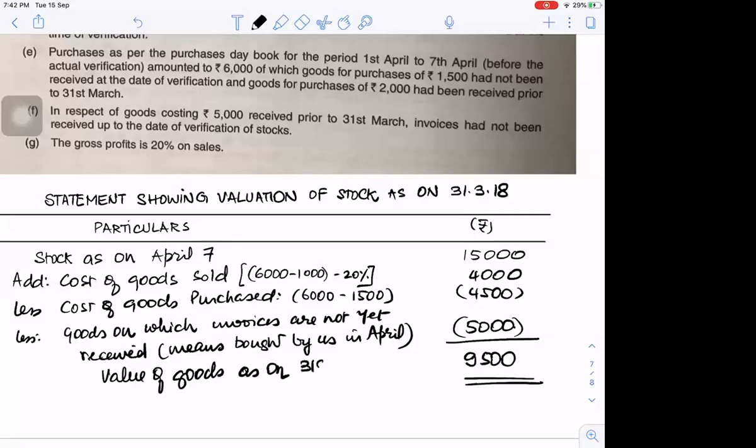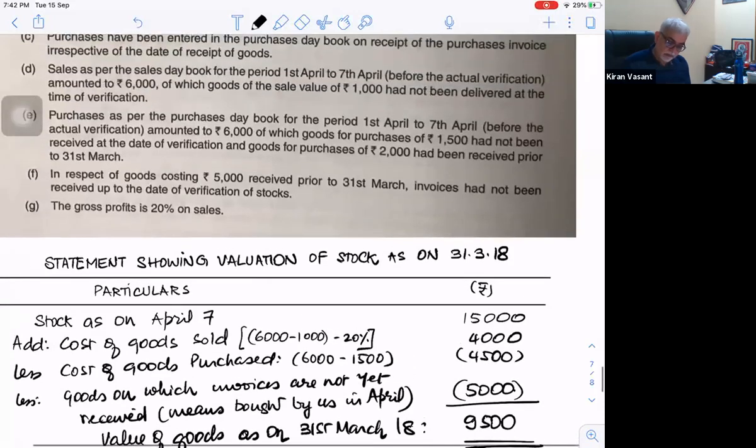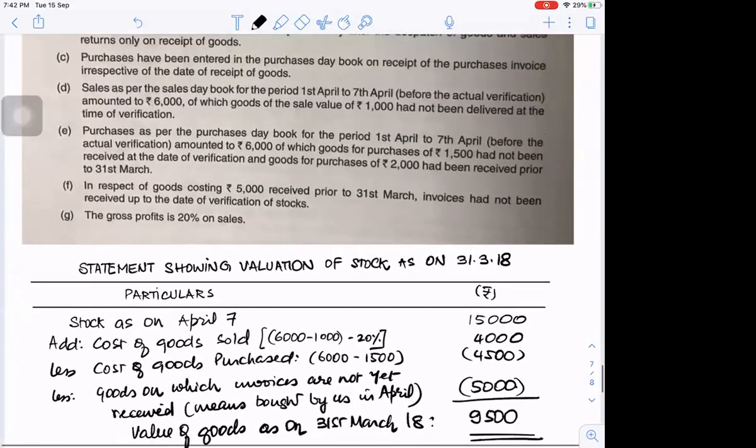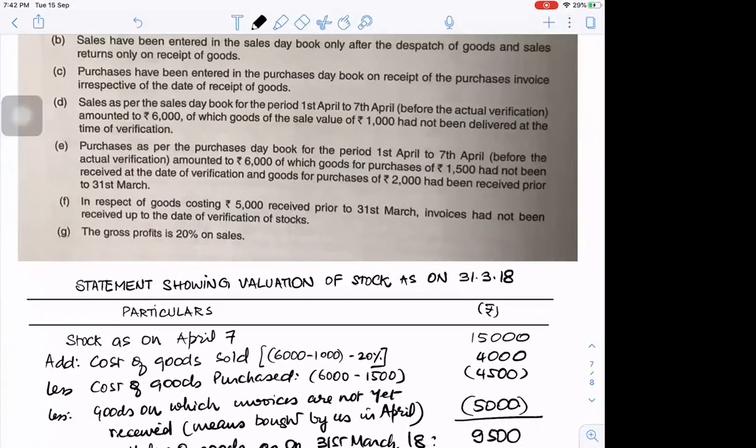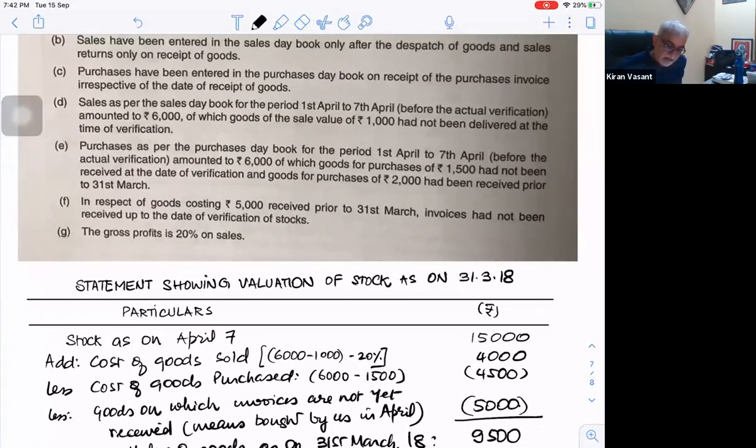Sir, in the second adjustment given here, purchases have been entered in the purchase day book on the purchase invoice, irrespective of the date of receipt of goods. So you have entered the purchase book on the date of the purchase invoice, whether you received the goods or not.